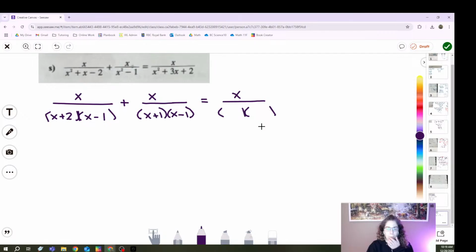All right, what are we going to multiply the first fraction by? Good. Wonderful.